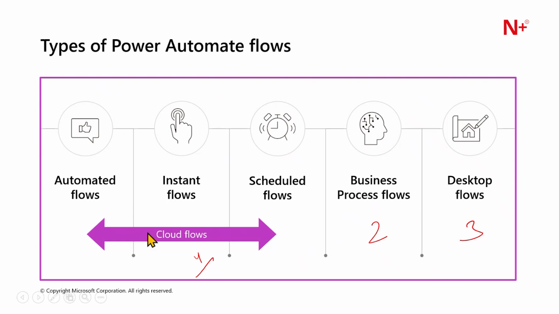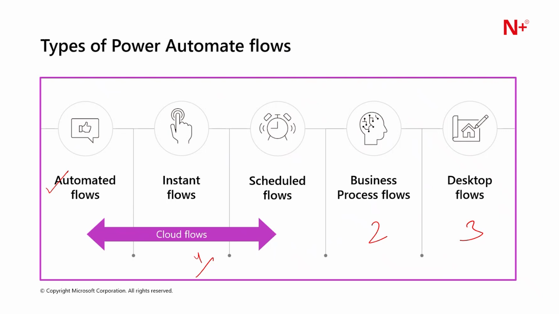Now, this also has further segregation within itself, that is automated flow. Think of automated flow as a flow that gets triggered automatically. There's no manual intervention required here. Every time there is an event happening on any of the cloud-based applications, services, or data sources, this process can be instigated and execute all the tasks configured as part of it.